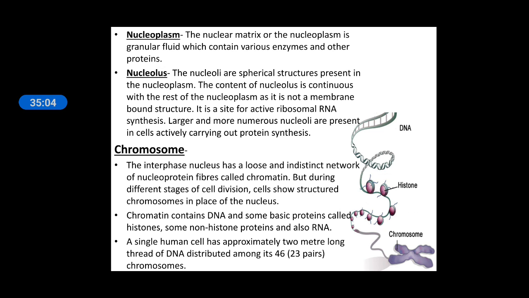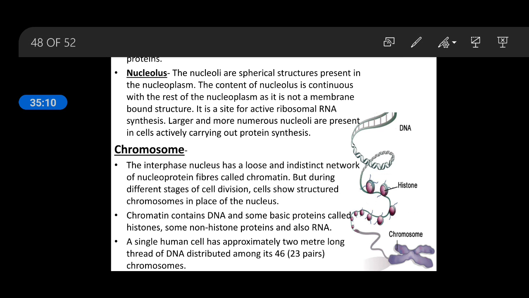And how this chromosome is formed, you can see in the diagram. This is the DNA. You know that this DNA forms the chromatin. This DNA coils and forms chromatin, and for the coiling of this DNA, some proteins help, like histone proteins, non-histone proteins, and RNA. All these things help in the coiling of the DNA.